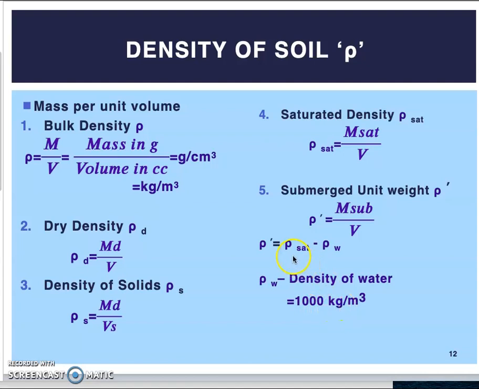So suppose the saturated density is somewhere around 2100, you deduct 1000, the density of water. So your submerged density will become just 1100. From 2100 it will go to 1100, that is nearly half. So this is a very dangerous condition.